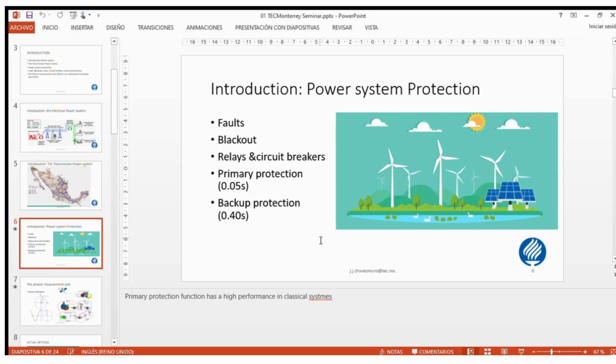Okay, but nowadays, those classical systems are changing. Even in Mexico, we are connecting green energy to the system. And those green energy sources are connected through voltage source converters, and voltage source converters are electronic devices that control voltage and currents as well, and limit the voltage and current.